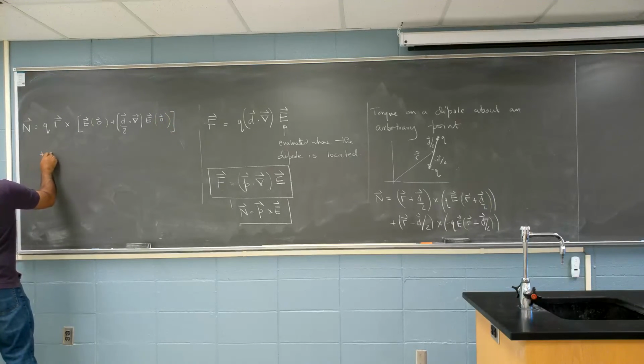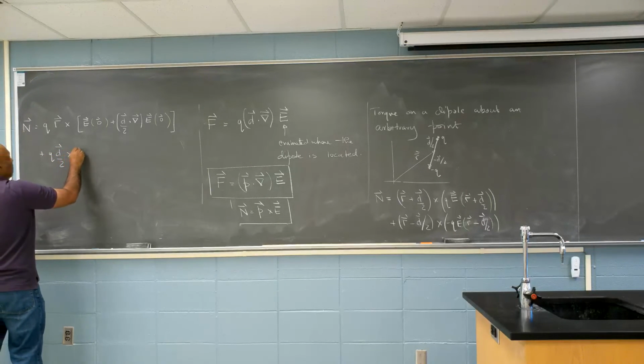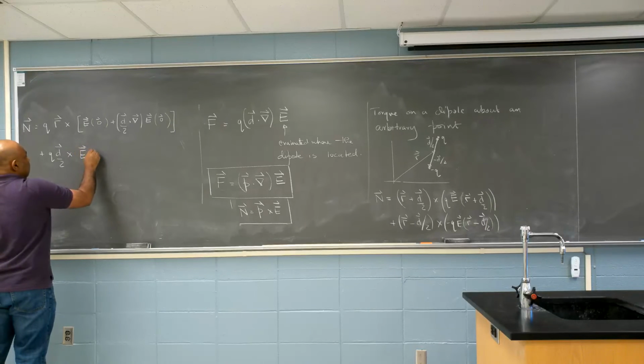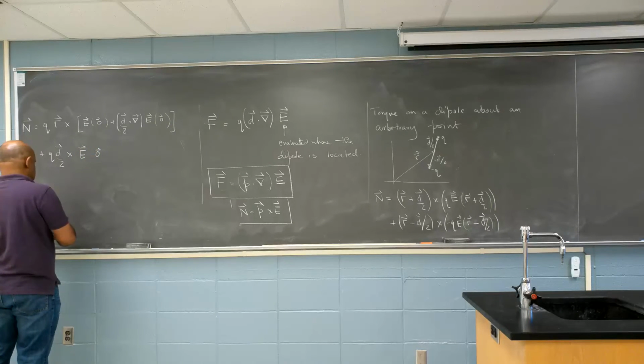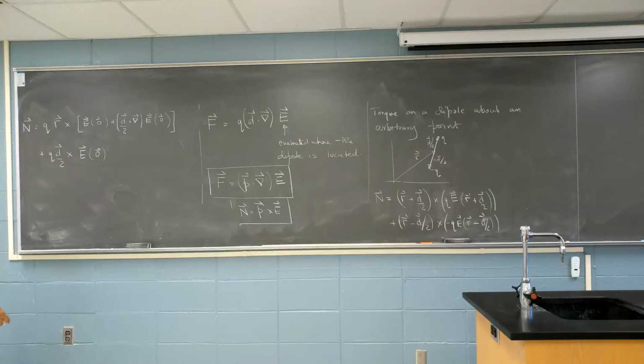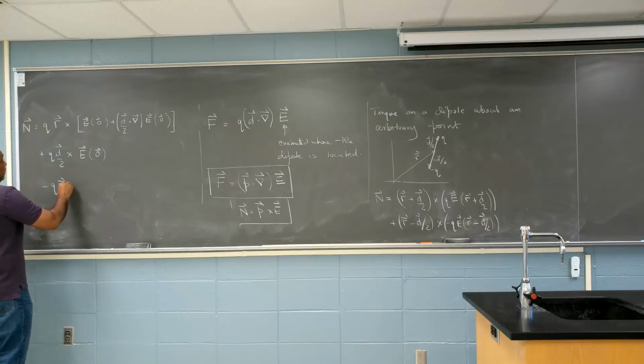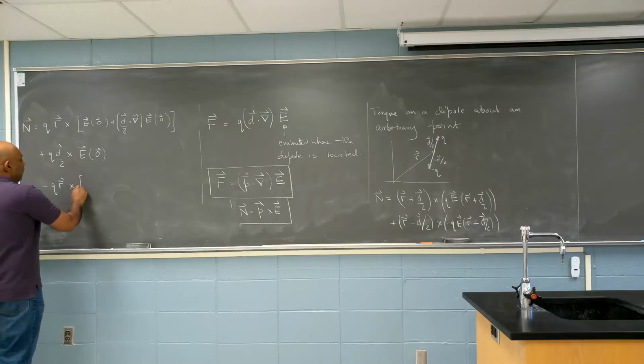Plus Q times D over 2 cross E at R, minus Q. I'm just backing away, and I'll tell you when I'll have questions for you.